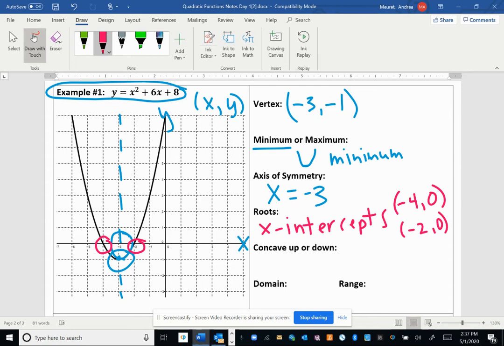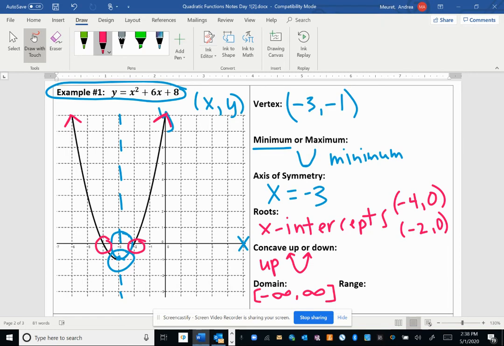This parabola is concave up because it is opening up. And parabolas extend forever on both the left and the right side. So the domain is from -infinity to infinity.